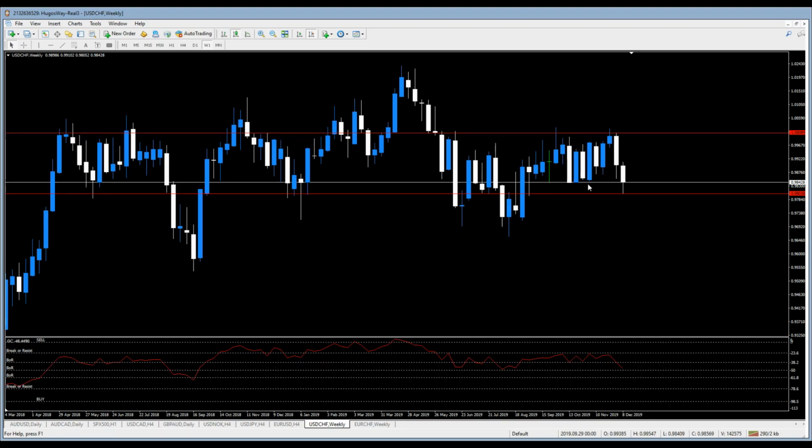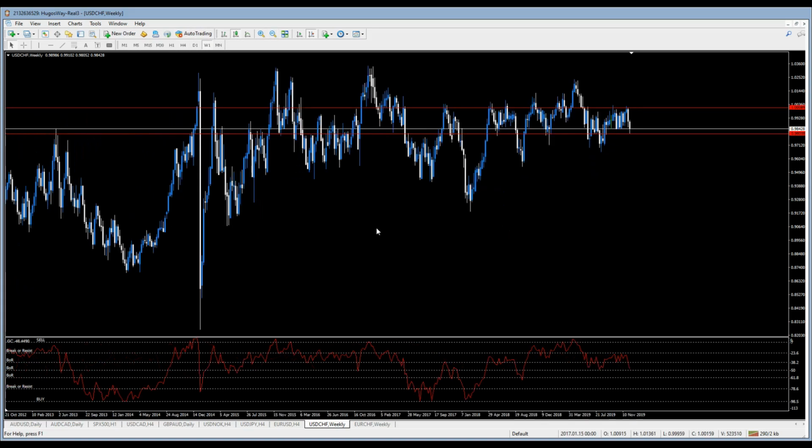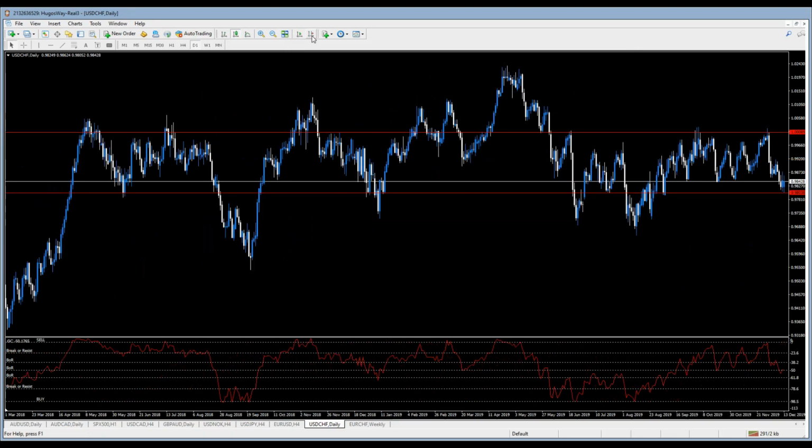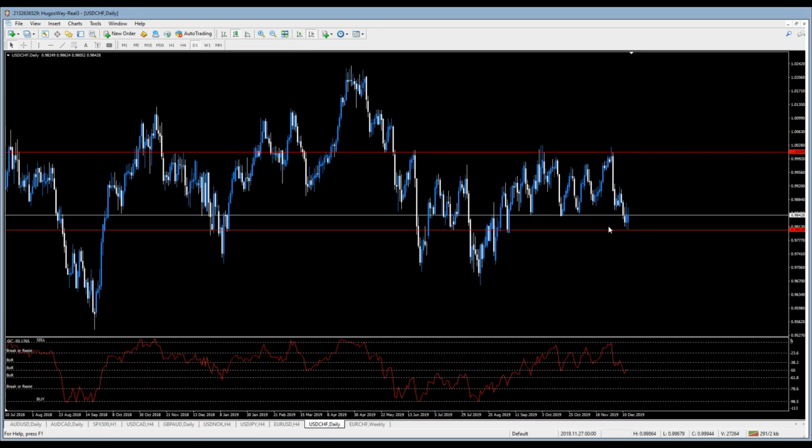On the weekly, look at this consolidation. Holy moly, we got a lot of consolidation. I really see this maybe even trying to go back to the top. The reason we've got a strong support here is that we made a double top on this area.